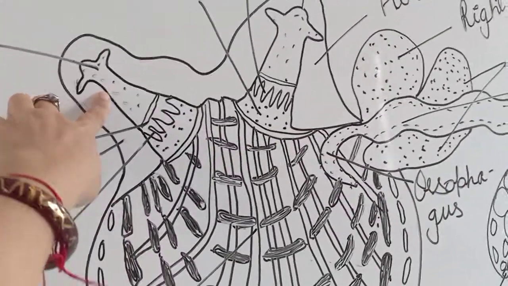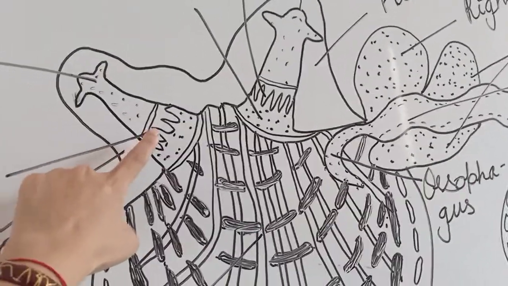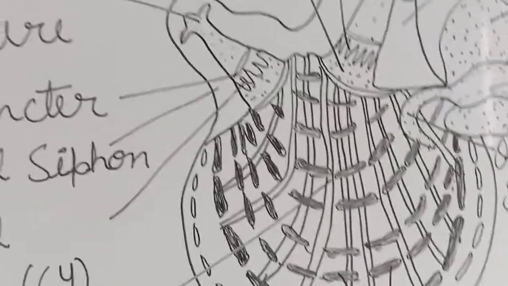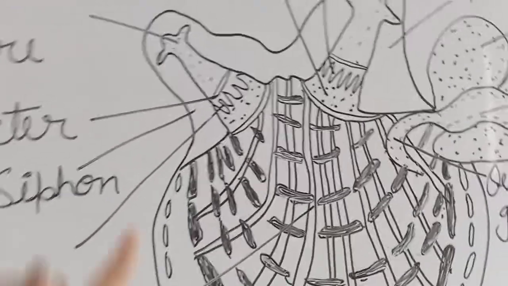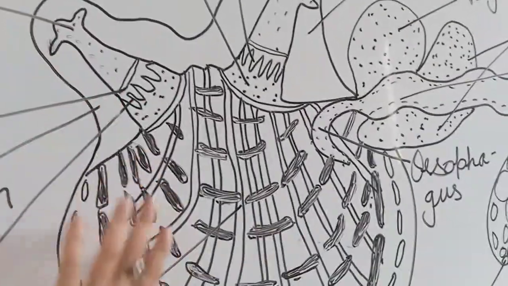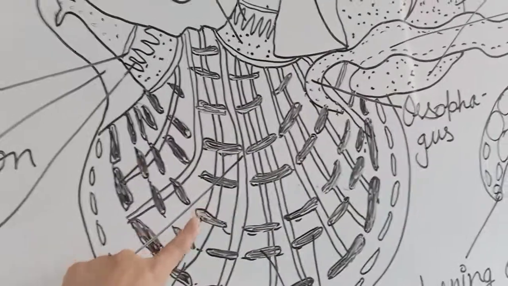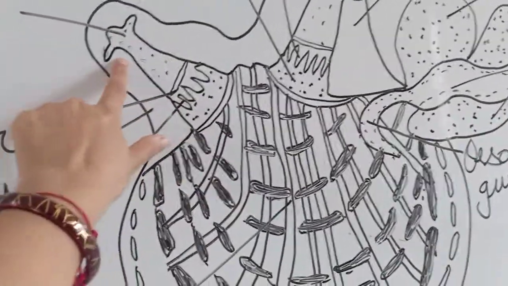Then this water flows through the sphincter muscles. Sphincter muscles help in opening and closing of the mouth. If a large amount of water is available inside the animal, then these sphincter muscles close the mouth.